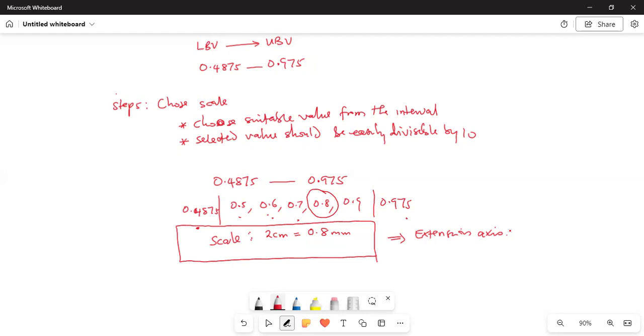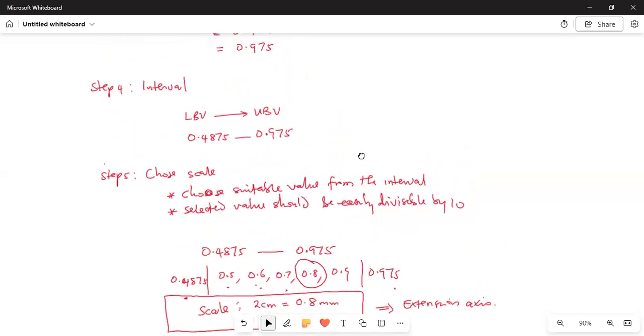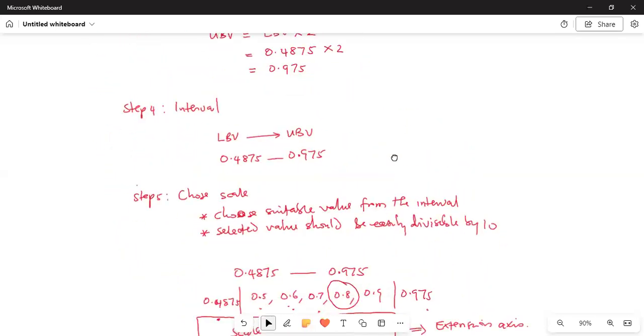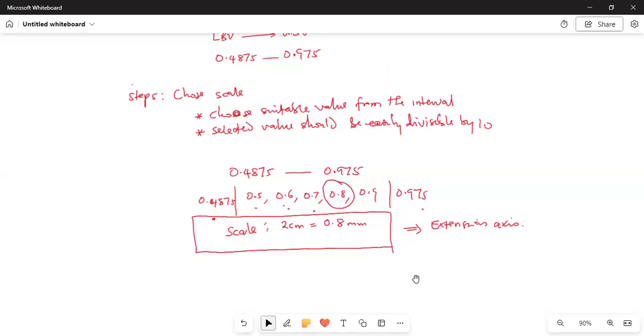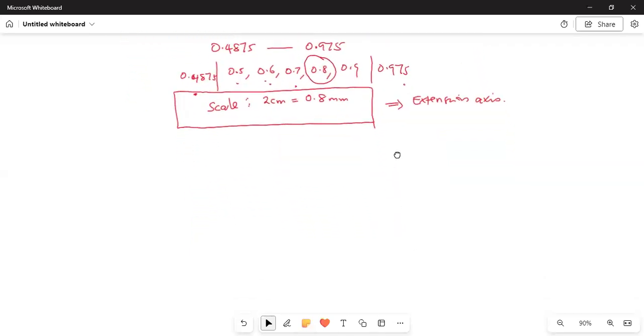Any question? If you have a question, raise your hand and I'll help you. Okay. Now that everybody is cool, let's look at the y-axis, okay? So this is for the x-axis. Let's look at the y-axis.